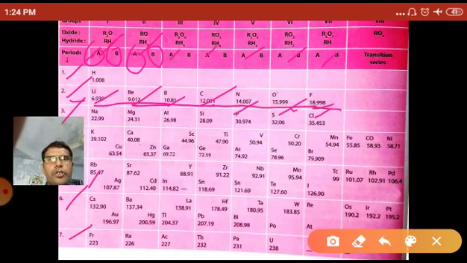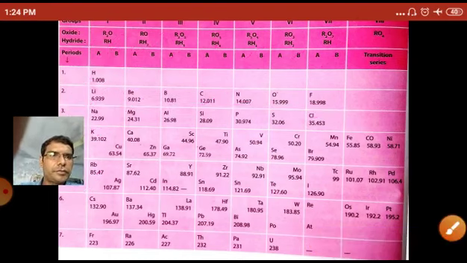Then the similar properties of the elements are repeated after particular intervals, that is, sodium is repeated. Sodium and lithium both have similar properties.